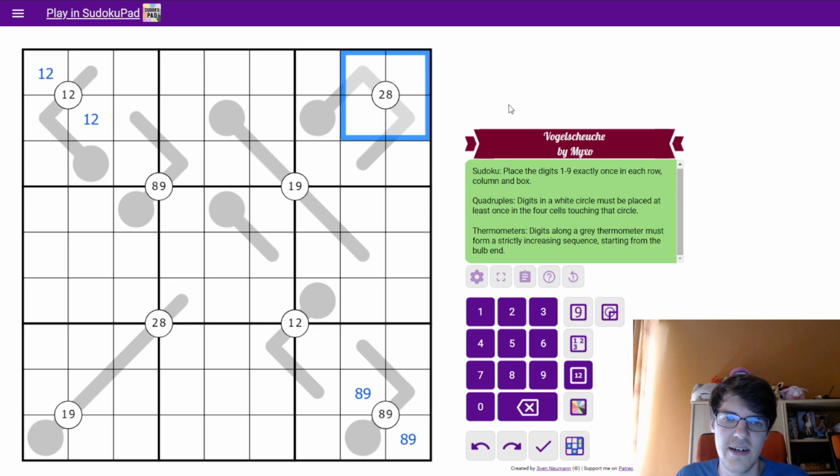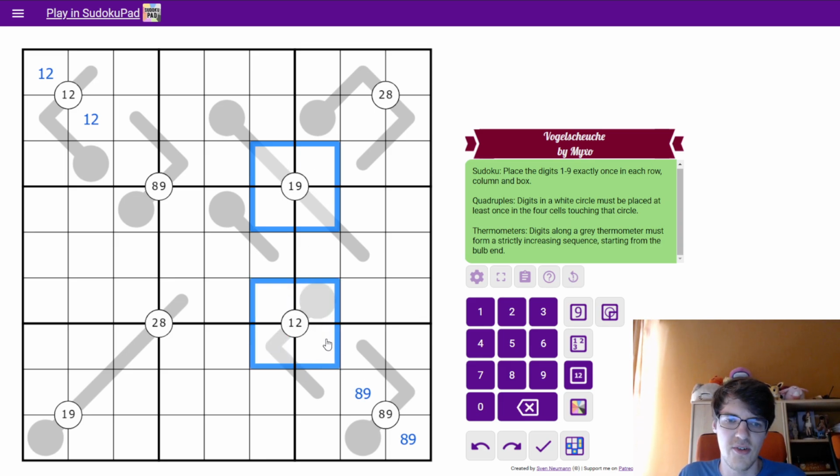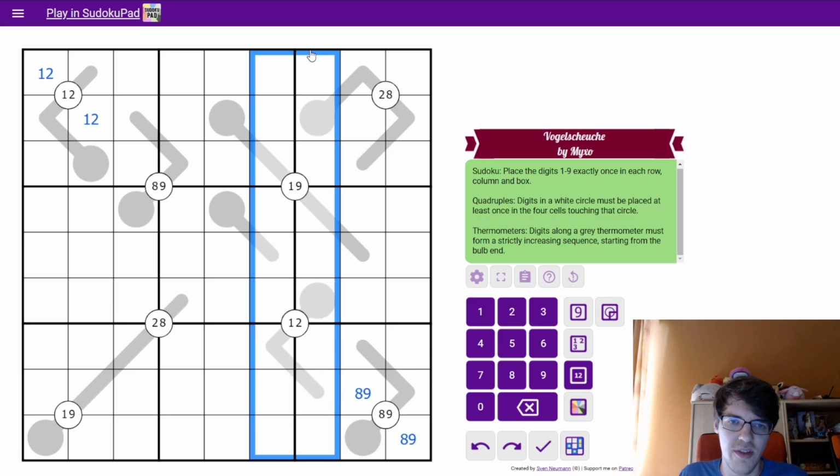Then we look up here. We need to use a little trick here first that anyone familiar with quadruple Sudoku is gonna know, because in this quad there's a 1 and in this quad there's a 1. So we have 2 1s somewhere in these 8 cells, but we only have 2 1s in these 2 columns, right?